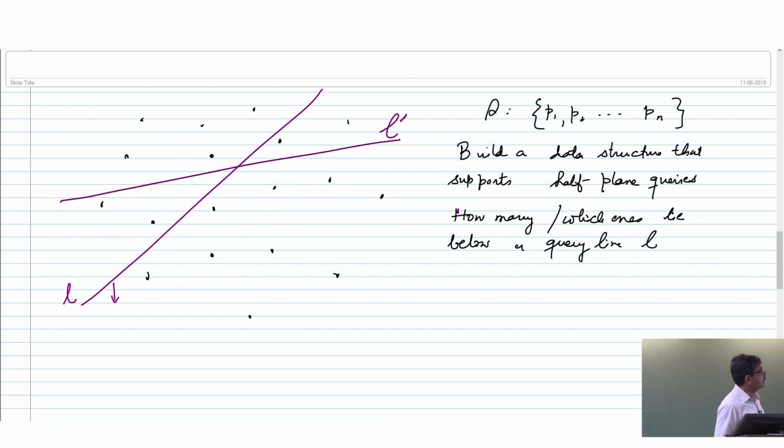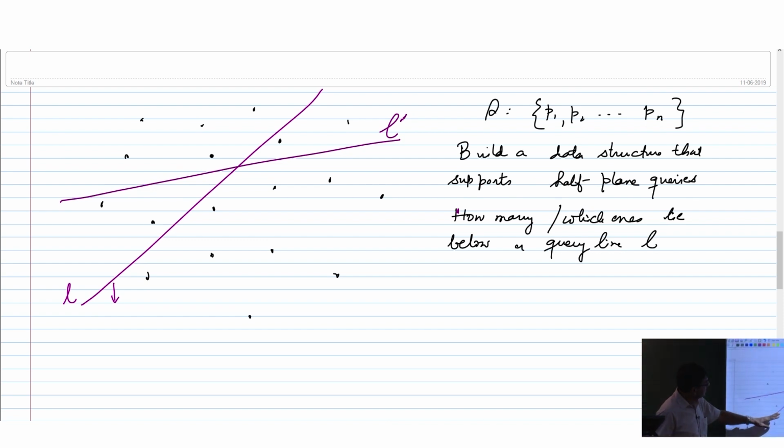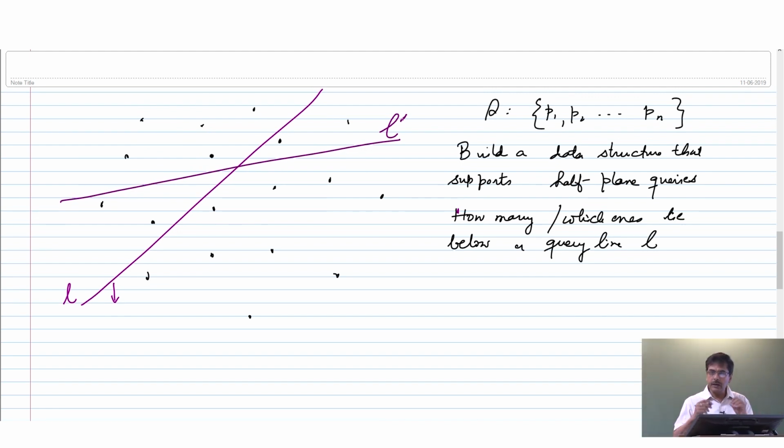Okay. But on the other hand, let me also point out that if this L is just perturbed a little bit, the answer will still remain the same, right. So, although there are infinite possible lines, the answer to the query is not all infinite possibilities.